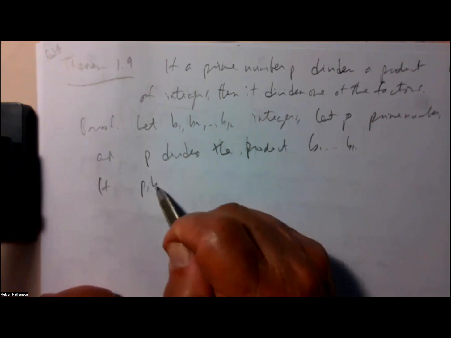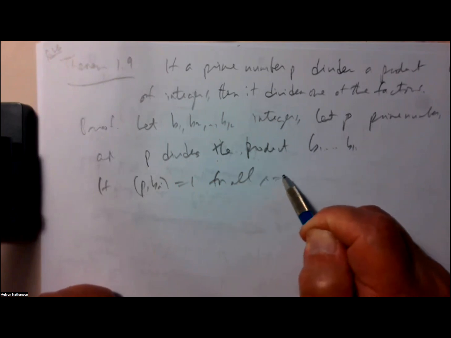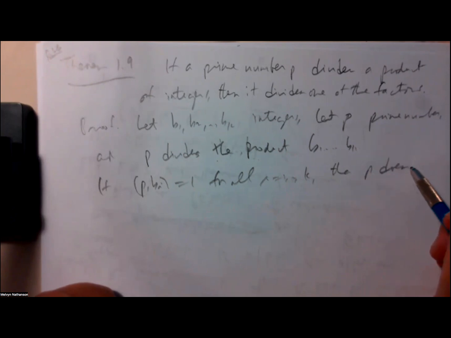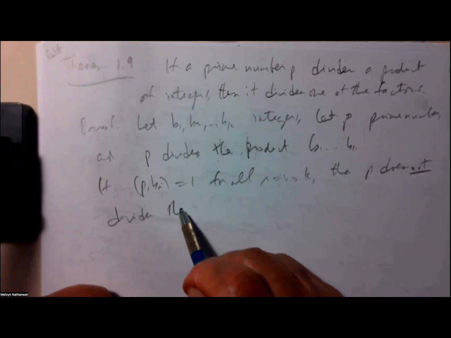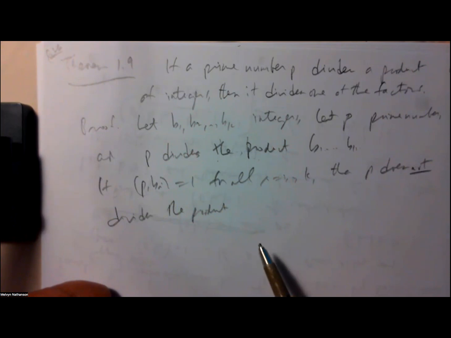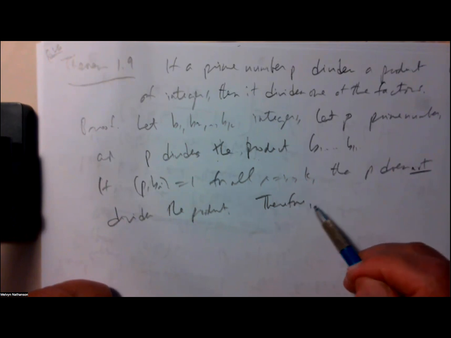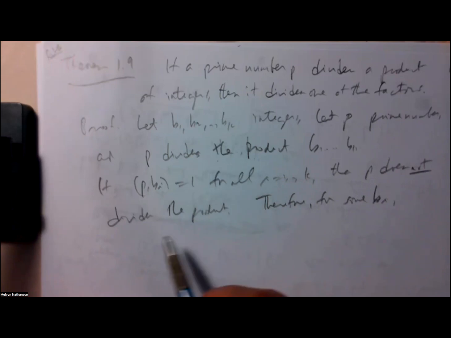If p is relatively prime to b sub i for all i, then p does not divide the product. That's the previous theorem. And p does divide the product, so therefore, for some integer b sub i, the greatest common divisor of p and b sub i is bigger than 1.